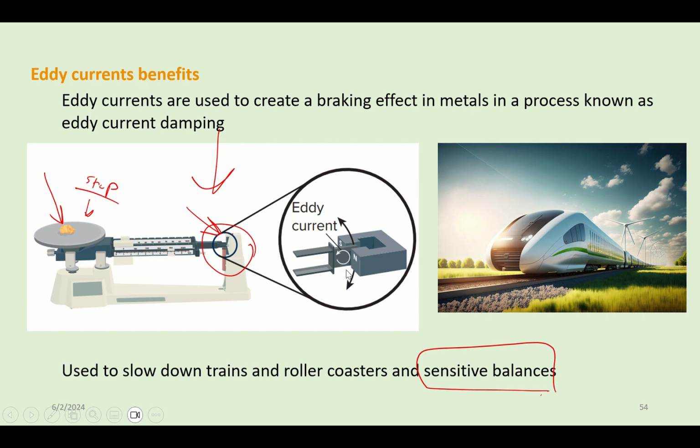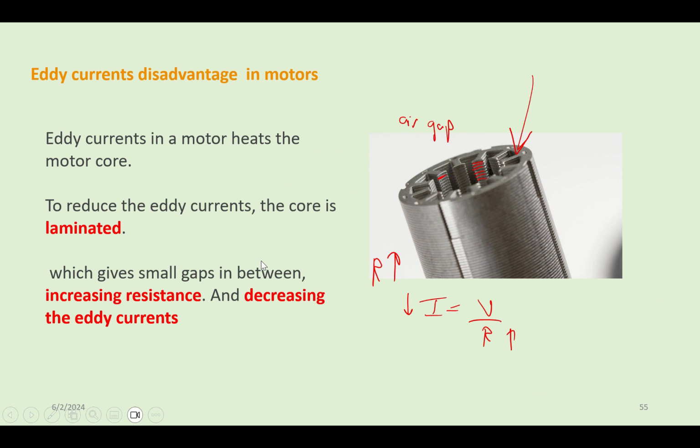So it will induce a current that creates a magnetic field opposite to it to try to decrease it again. So what happens is that this piece of metal balances between the north and south pole, preventing this plate from jumping up and down. So it will give you a correct measurement for the amount of gold.